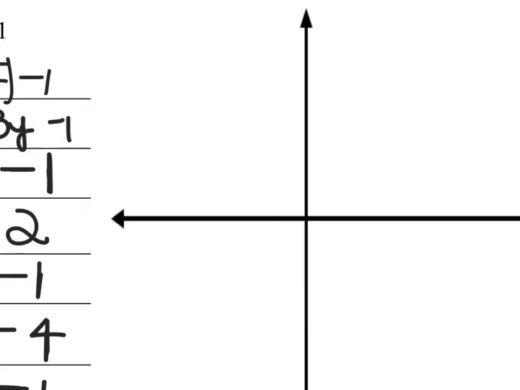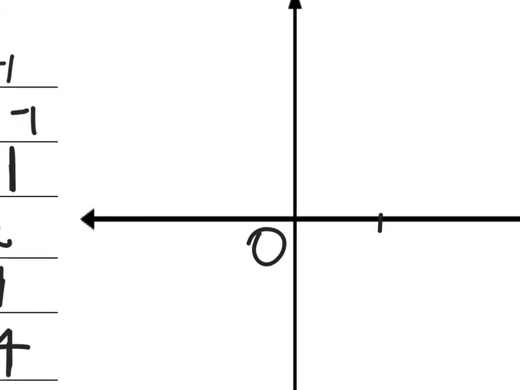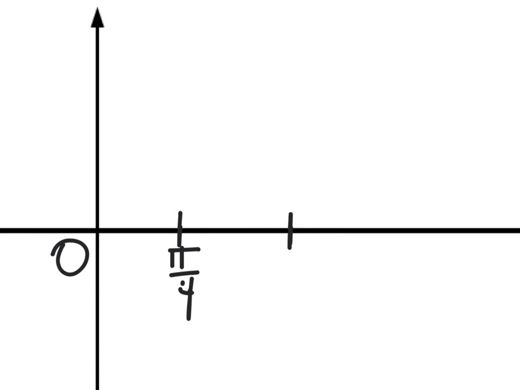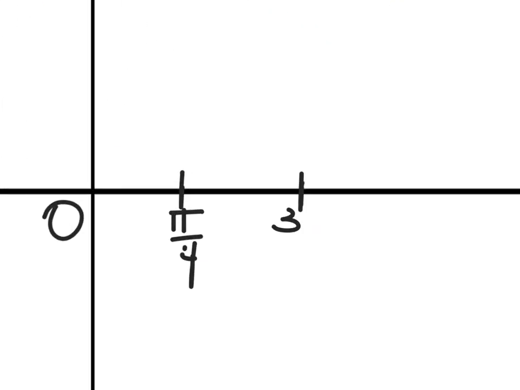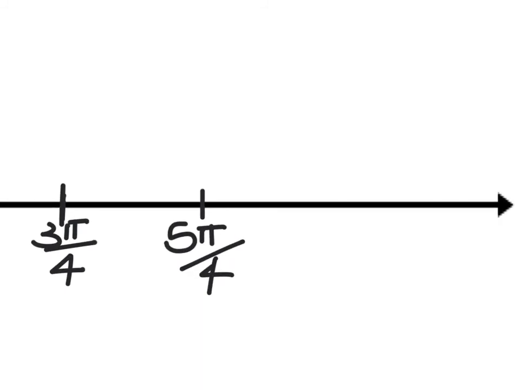Okay, so let's start graphing this. We go 0, pi over 4, 3 pi over 4, 5 pi over 4, 7, and 9.